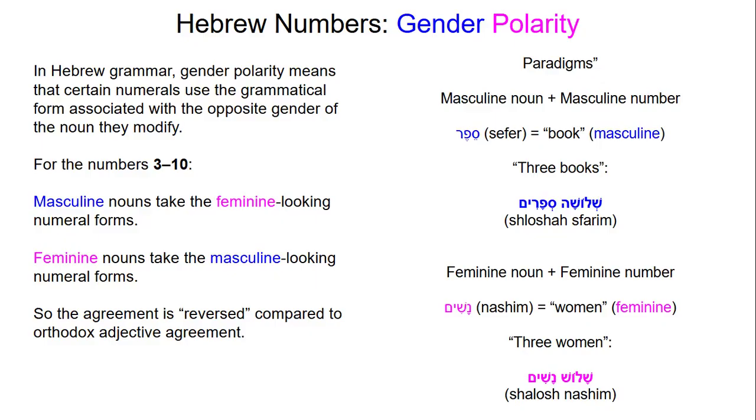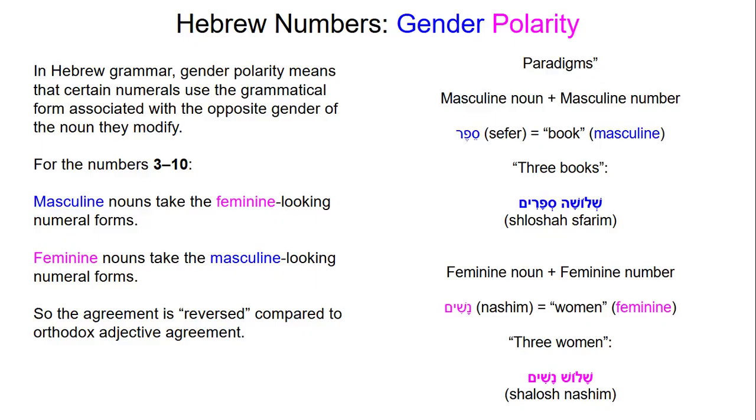Sefer is a masculine noun in the Hebrew language, which means book. Sefer is masculine. Now, how would you say 3 books in Hebrew? That would be Shalosha Sefarim. Shalosha Sefarim, that's how you would say 3 books in Hebrew.